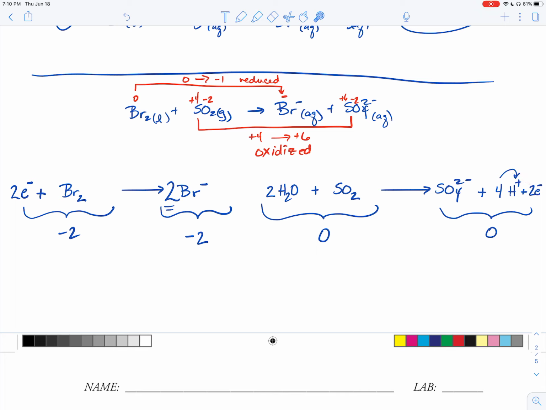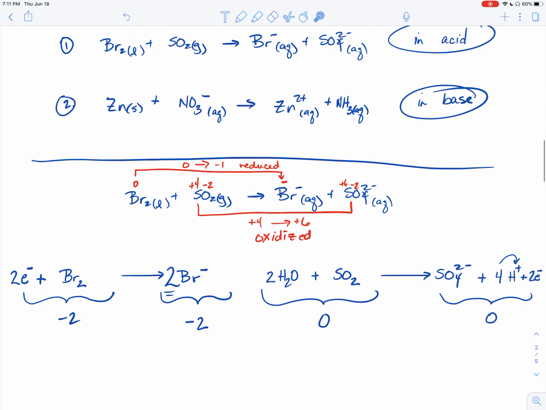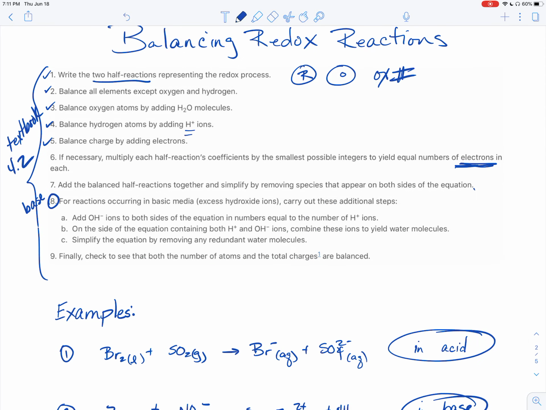So they're balanced and the same. If they weren't, you would use the lowest possible integer and multiply all of the coefficients within a half reaction to make the two have the same number of electrons. But this one happened to be just fine the way it is, so we don't have to change anything. So number 6 is done.